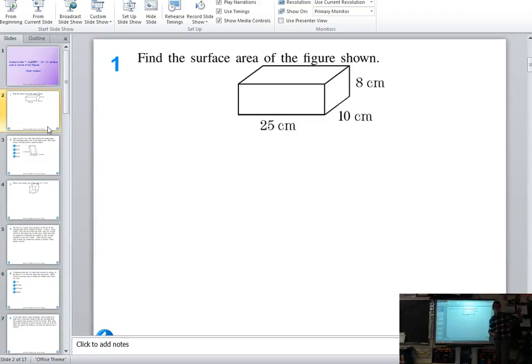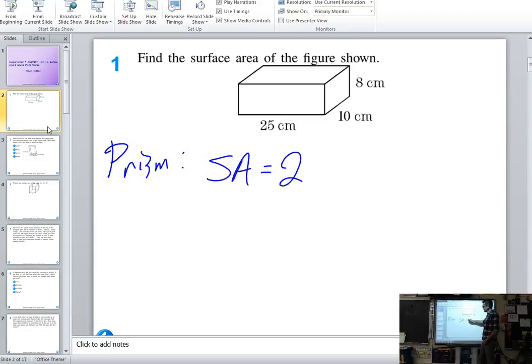So, what's the formula again? If you're doing a prism, and this is specific for prisms, the surface area formula is that we have 2 of the base, because the bottom and the top are both bases. This is really off-orient. I need it oriented again. But then plus the lateral area.